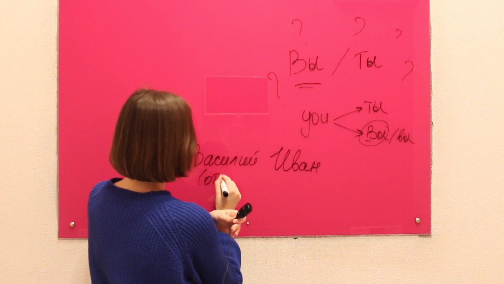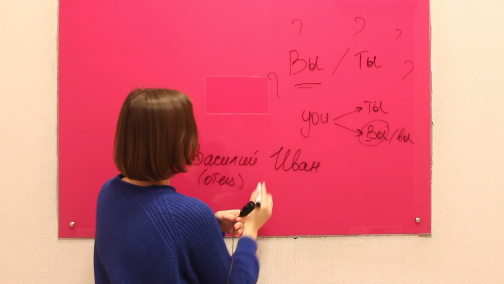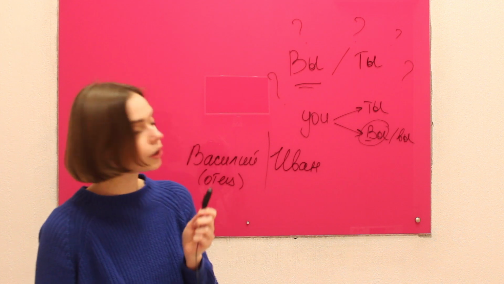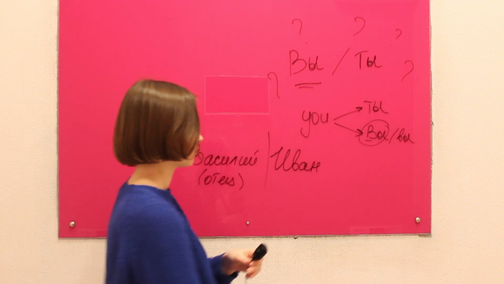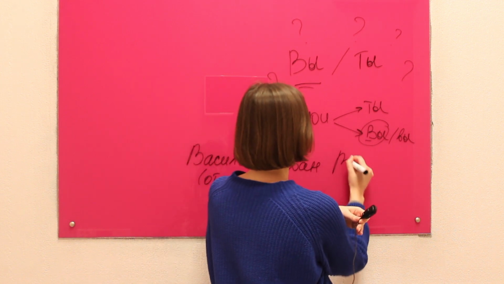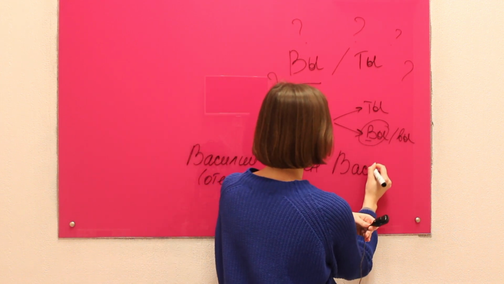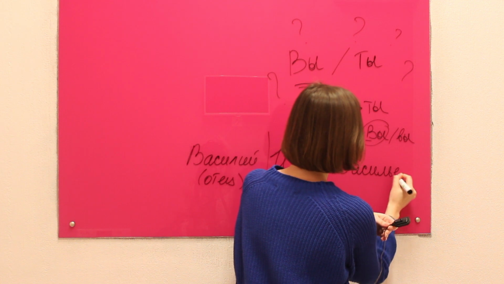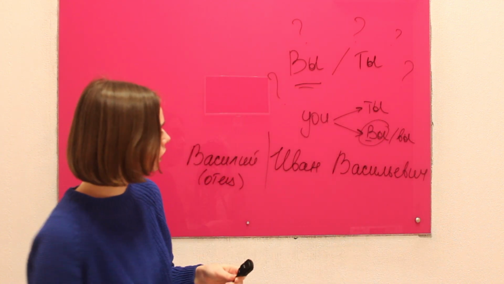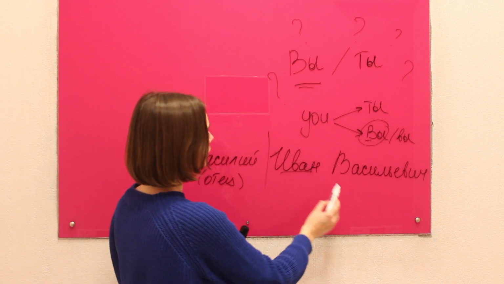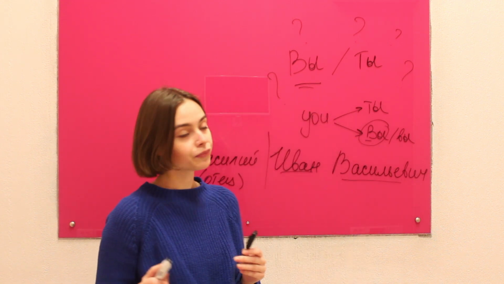So you are gonna address Ivan as Ivan Vasilyevich, using both his first name and his father's name.